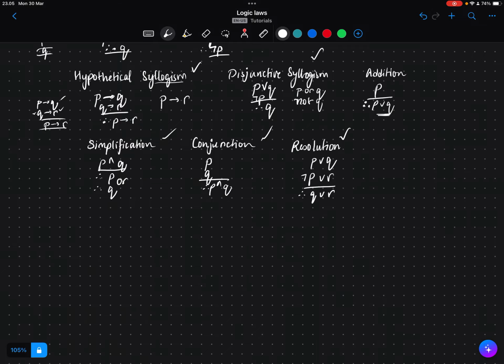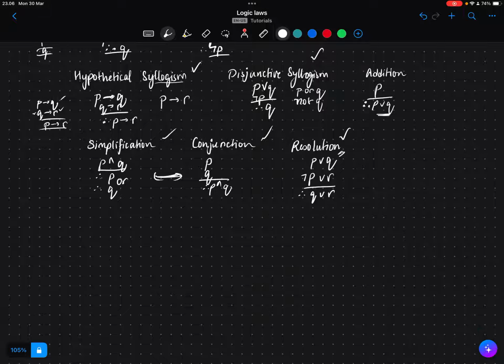Simplification: P and Q, you can simply write that as P or Q, as in the assumptions P or Q. Conjunction: if we have P, if we have Q, then we can write P and Q, the opposite. These two are opposite of each other, you could say. Resolution: that's also very important.